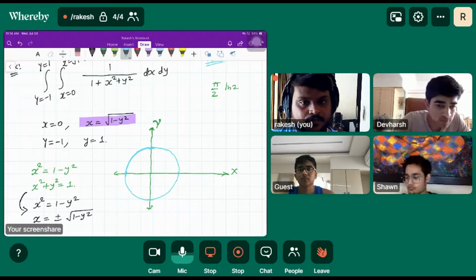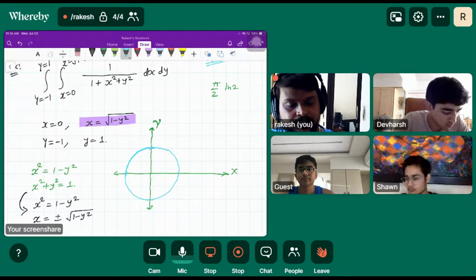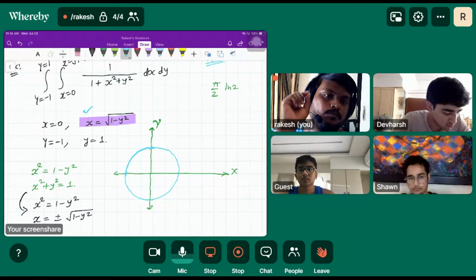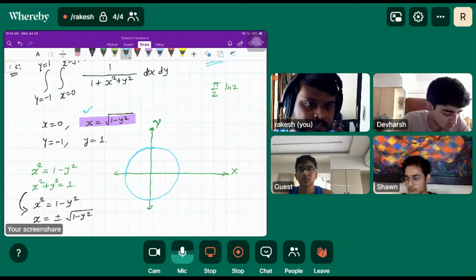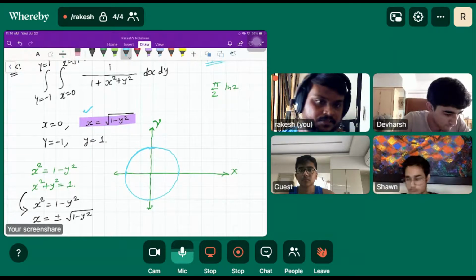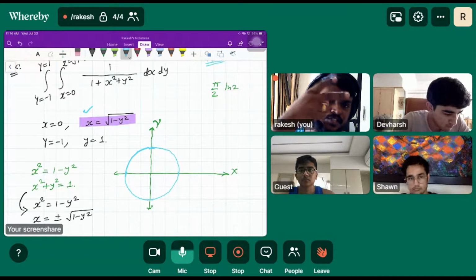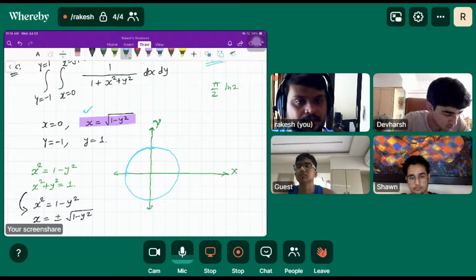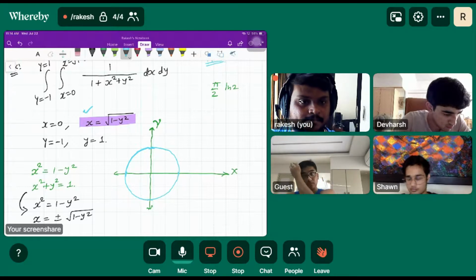But what we are given here is just x is equal to plus root 1 minus y square. It means we have to consider the half circle, the positive x direction part, which is in the first and fourth quadrants. Make sense?